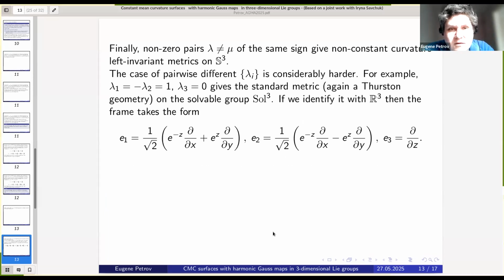For the case of pairwise different lambda i, this situation is messy, and we can give only some examples, so no general statements, but we can compute harmonicity for some examples. For example, for the solvable group Sol3, again with the standard structure, when lambda 1 equals 1, lambda 2 equals minus 1, lambda 3 equals 0, we have the following basic fields.